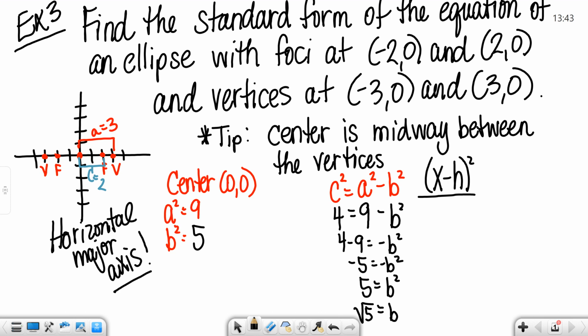Because my vertices run horizontal here. So I am using x minus h squared over a squared plus y minus k squared over b squared equals 1. That's my standard form. So the things I need to know are h and k, which I have, those are my center, a squared and b squared. So I have everything I need to plug it in.